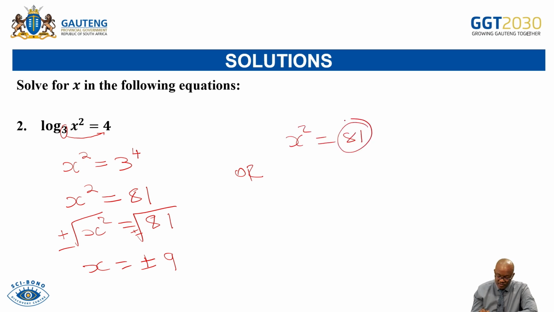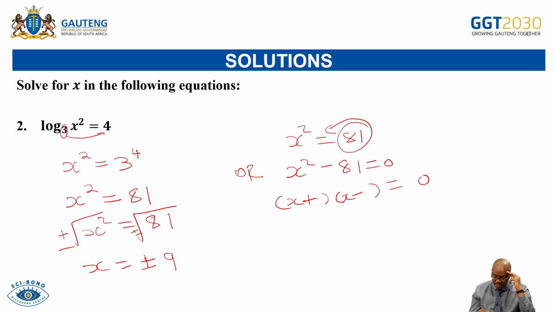Then you transpose your 81, it becomes x squared minus 81 is equal to 0. Then you know that we can factorize using difference of two squares. So you're going to bring your x's together, and then because it's difference of two squares, one bracket will be negative, the other one will be positive. Then from there, they will share what? 9, both of them.